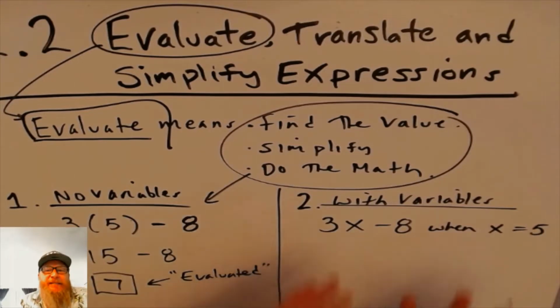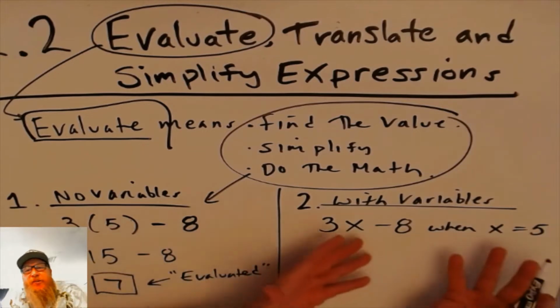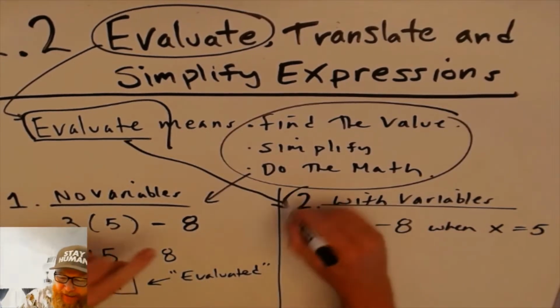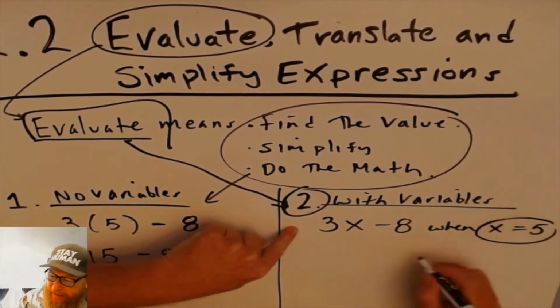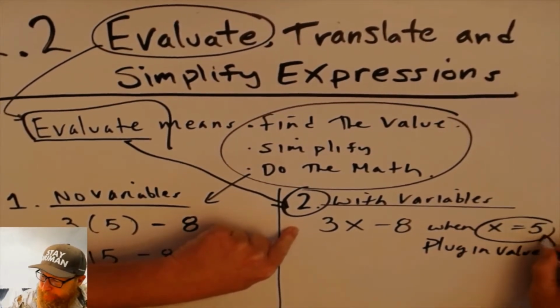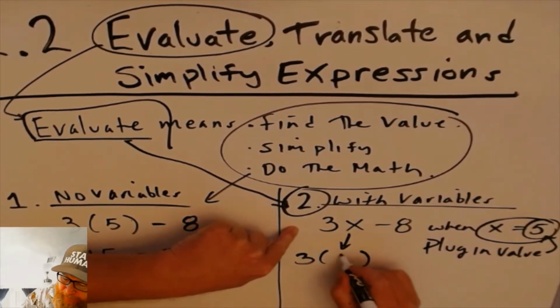It still means the same thing as 3 times 5 minus 8. It's just written in a variable form. So I would say evaluate this. So that means plug in the value. We sometimes call this a replacement value.